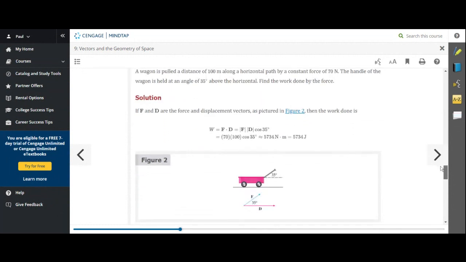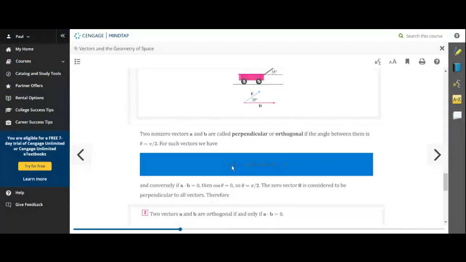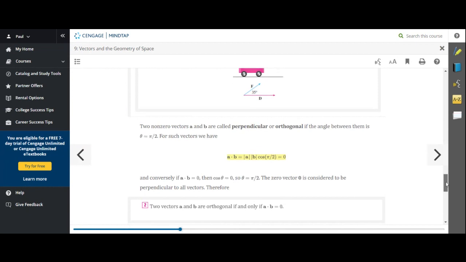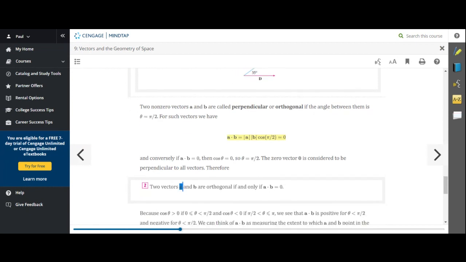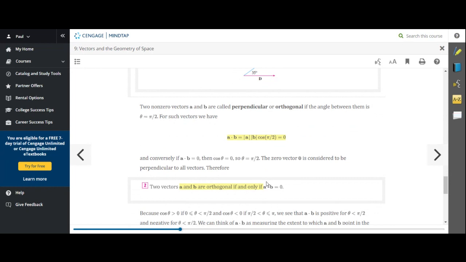We basically covered this, but here they mentioned that if a dot product equals 0, the only way that can happen is if the angle between the vectors is 90 degrees. And that means the vectors are orthogonal. They're perpendicular to each other. Okay, so that's a result. That's good to know.